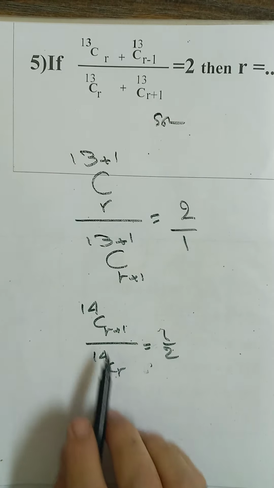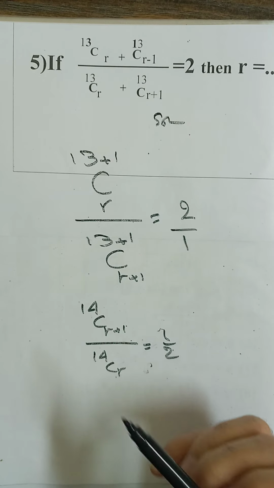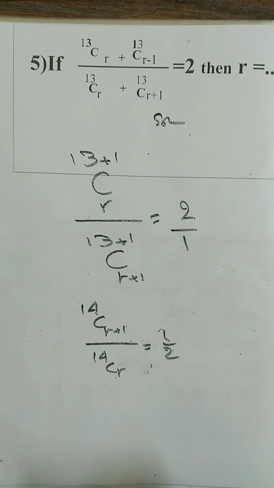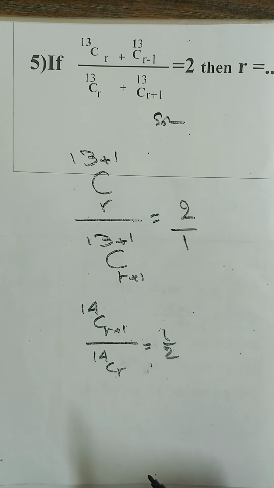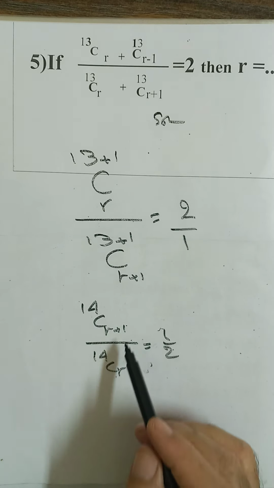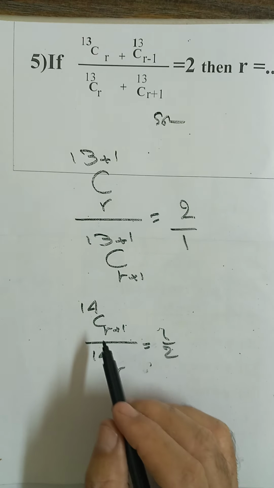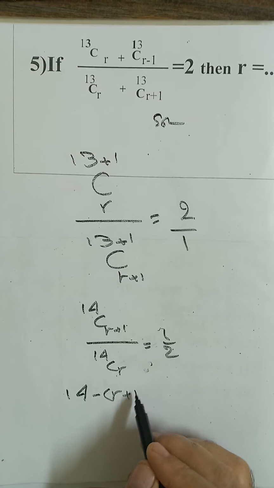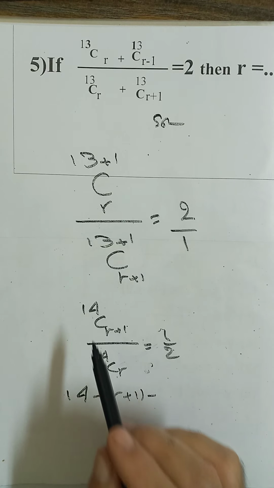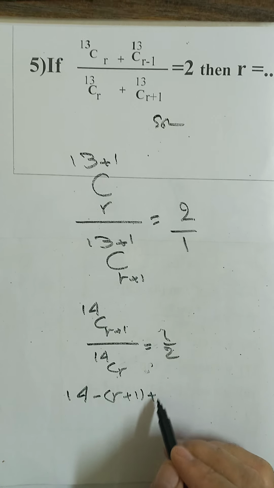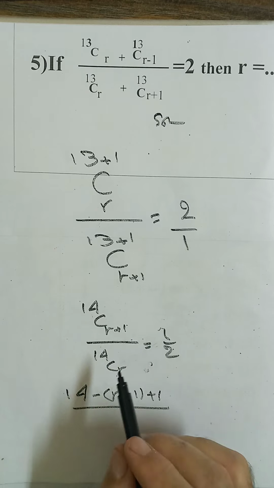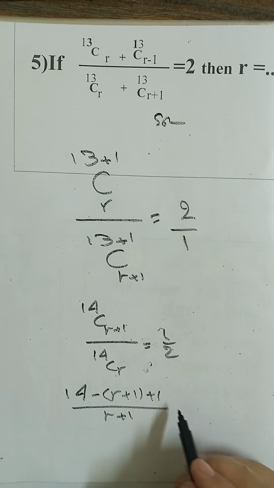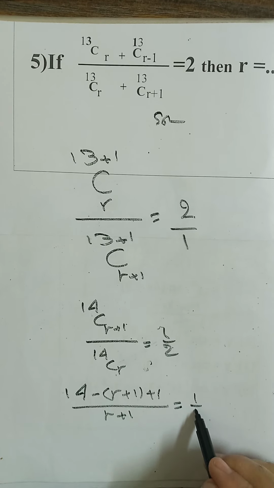From the ratio between these combinations, you know nCR over nCR minus 1 equals n minus R plus 1 over R. Here n is 14, so 14 minus R plus 1 over R plus 1. This ratio equals half.